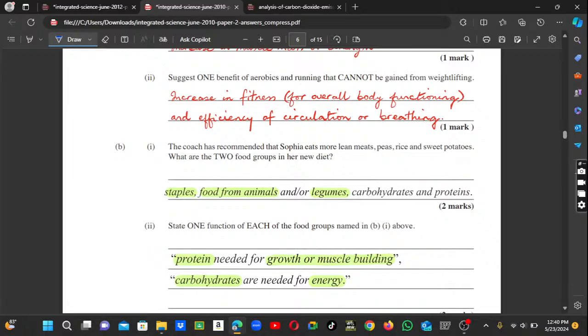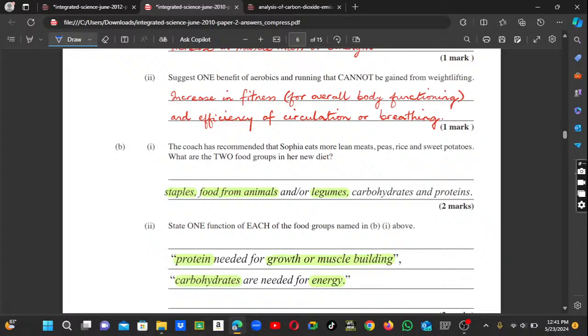From the meat, we have food from animals. Staples are included, and we have peas, which are legumes. With peas and sweet potato, we are mentioning carbohydrate and protein. All of these are groups that will be included in our diet.